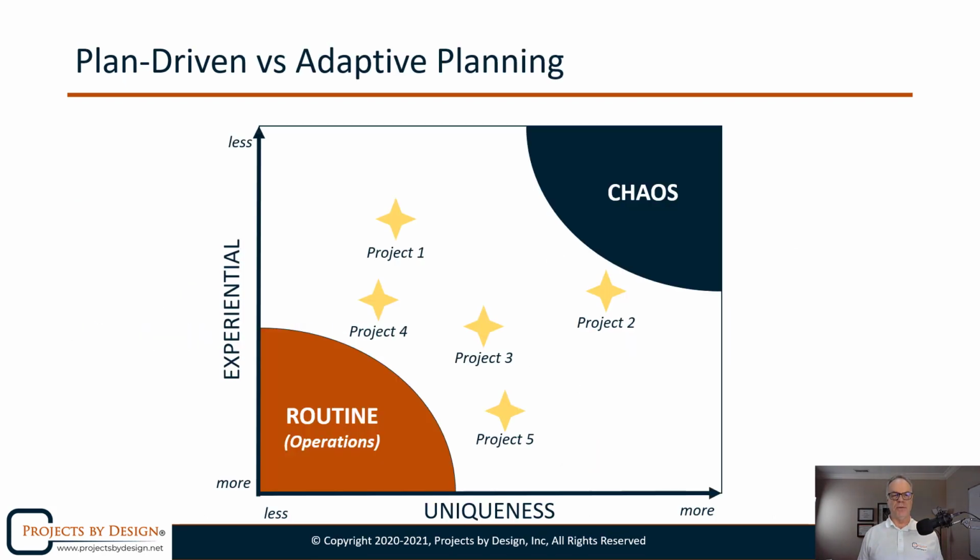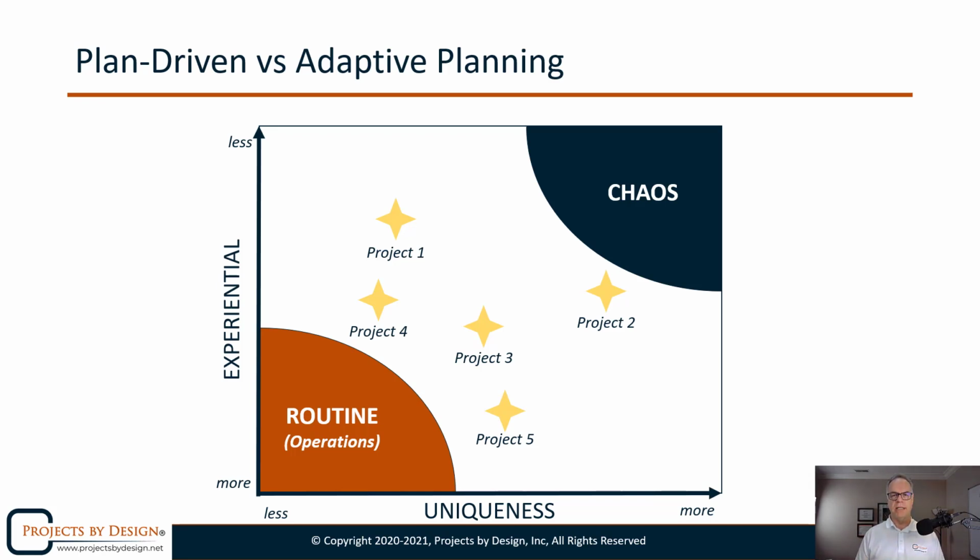Also, by way of review, let's go back and look at plan-driven versus adaptive planning. When I say plan-driven, that means the same thing as traditional waterfall. Also the term predictive, which is a term we generally try to stay away from at this point.